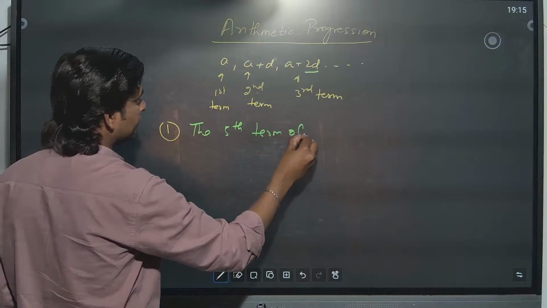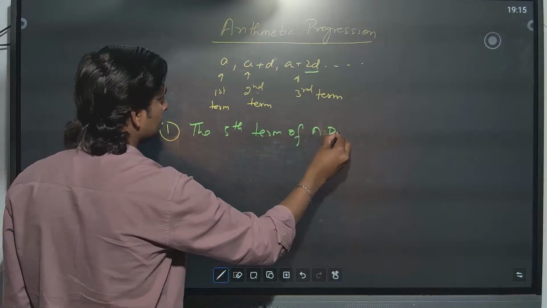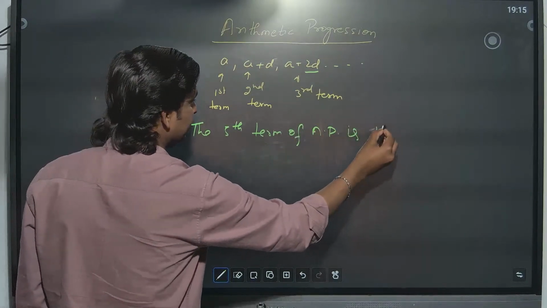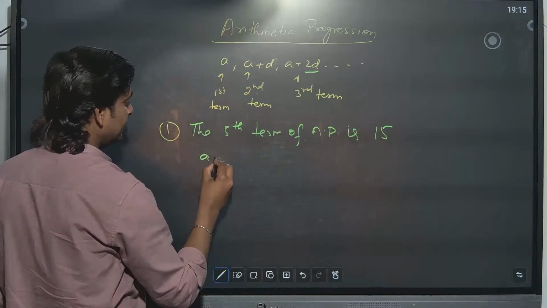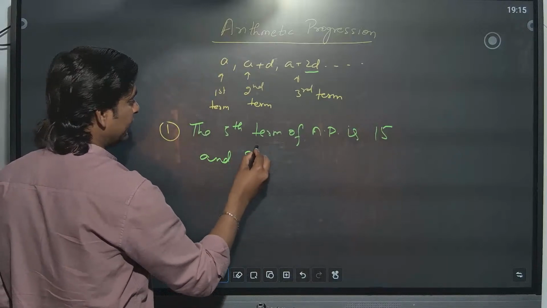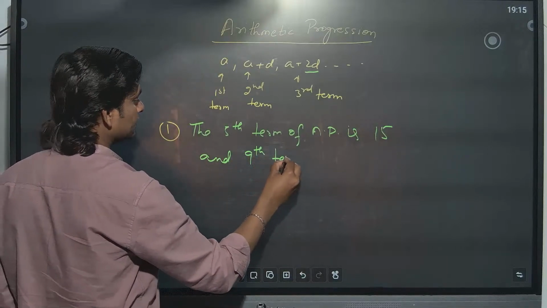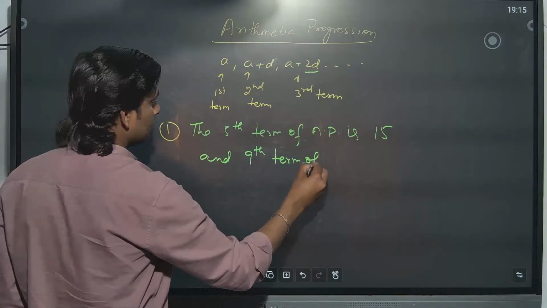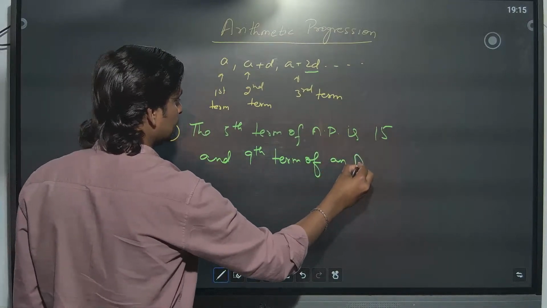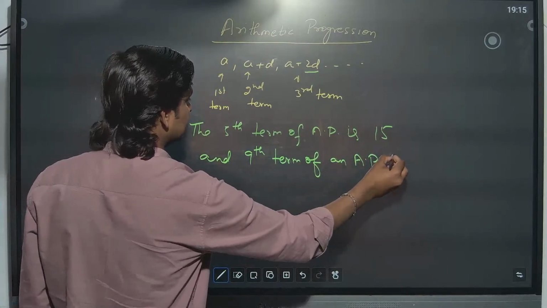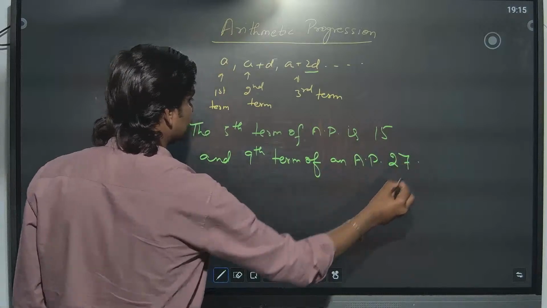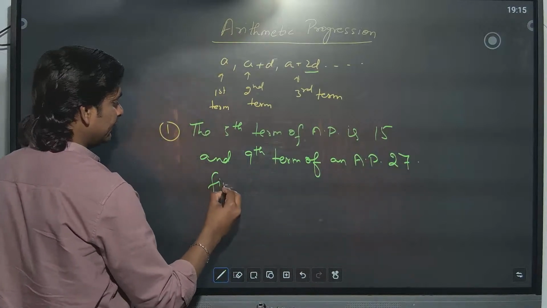the fifth term of an AP is 15 and the ninth term of an AP is 27. Then find the AP.